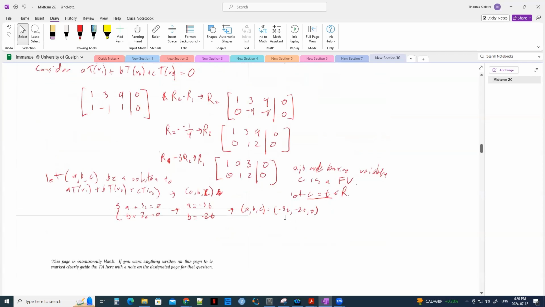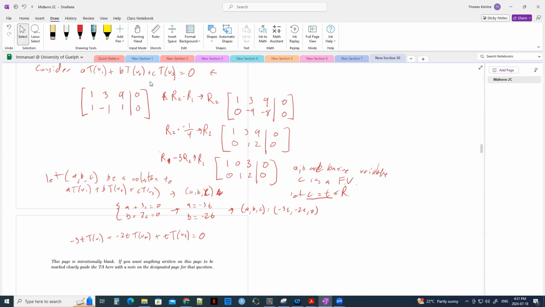Now I can take those values for a, b, and c and plug them back into this expression we considered. So -3t T of v1 plus -2t T of v2 plus t T of v3 equals 0.